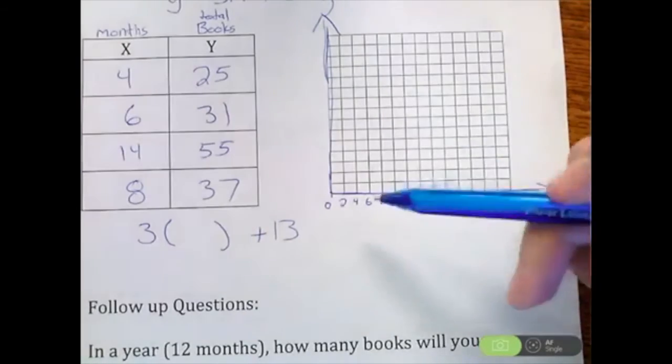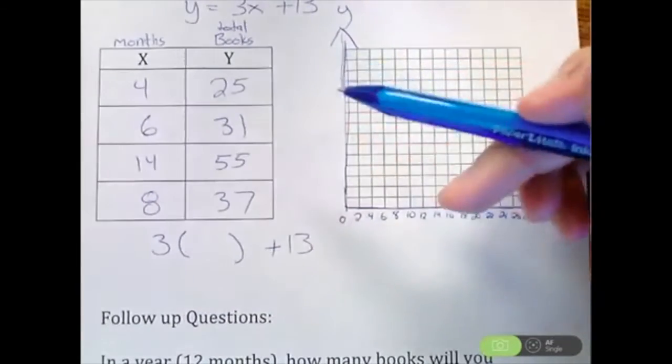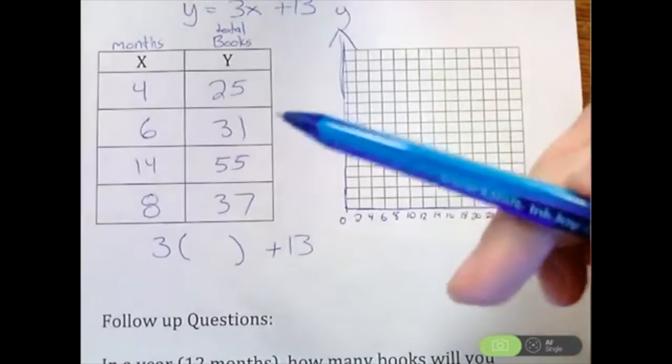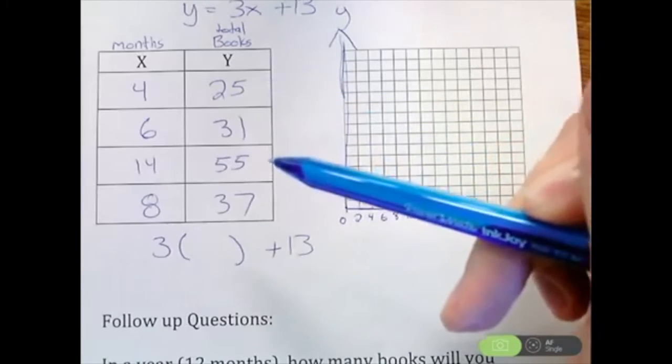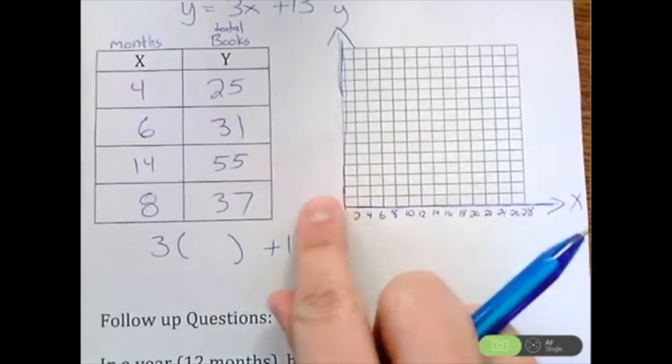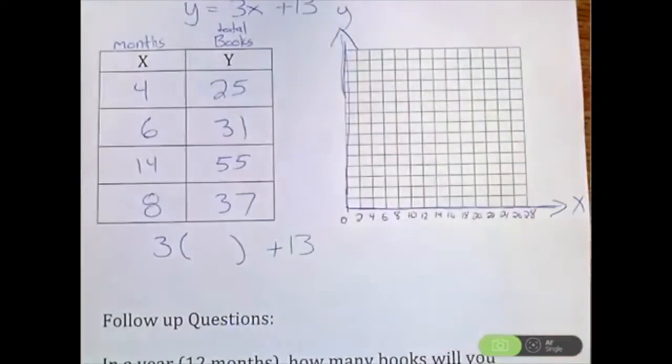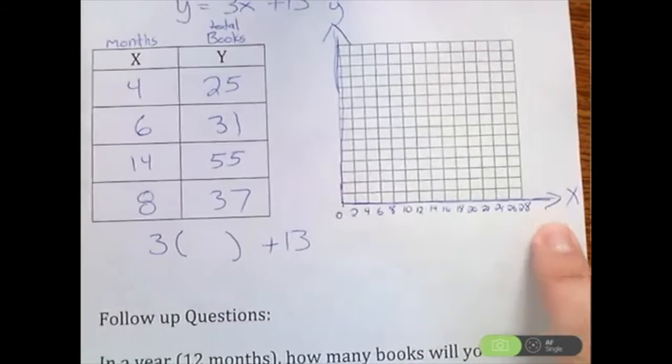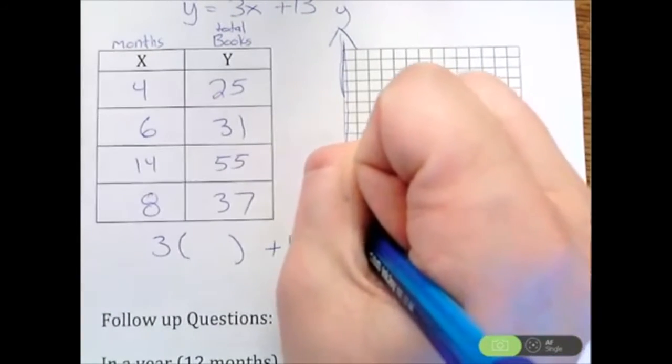And then I need to label my y-axis, which is the total books, as we've said. The lowest number I have on here is 25, but I need to get all the way up to 55. So instead of going by 2s, I might realize, I'm not going to get up to 55 if I go by 2s, because I only got to 28 here. Maybe I'll go by 5.